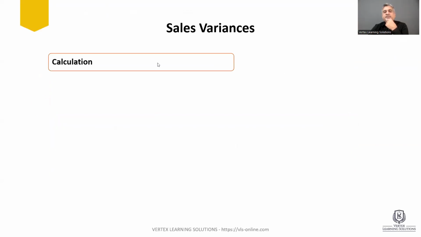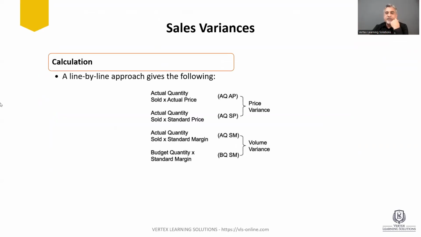So here you get the formulas. You can calculate the price variance as actual quantity sold into actual price, minus actual quantity sold into standard price. This is the formula. You can also say actual price minus standard price multiplied by actual quantity.